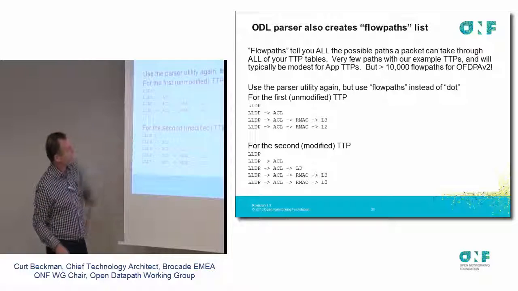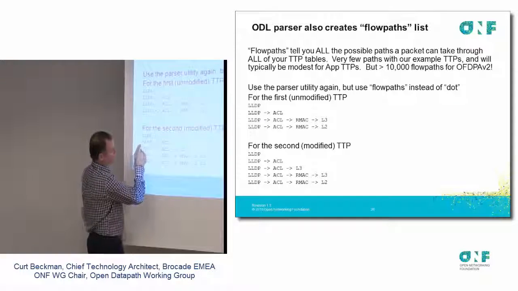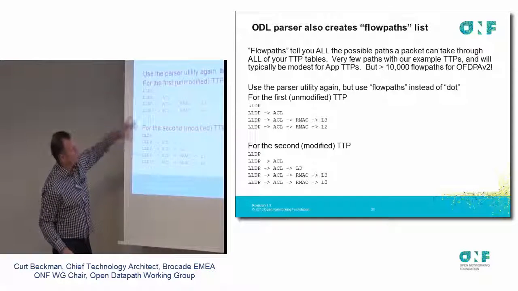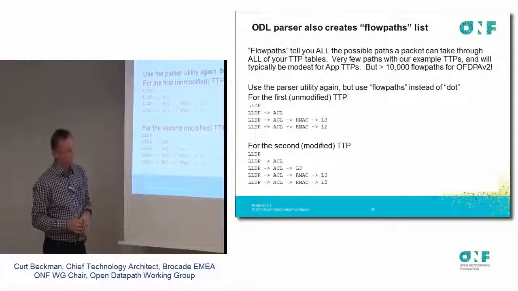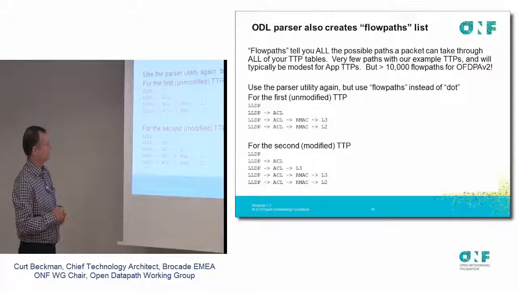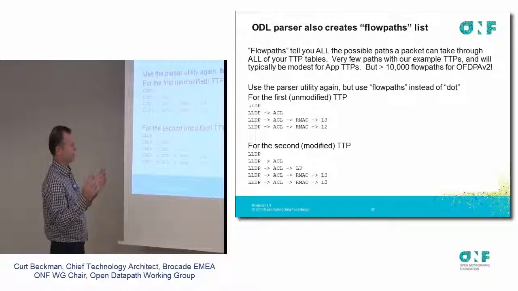And then when we modified it, now we have a new path. Basically it adds this other case. It goes from here to here to there. And so each of these different paths through the forwarding model, or basically the switch model, what am I calling it? Pipeline model. I knew it was a P word, pipeline.